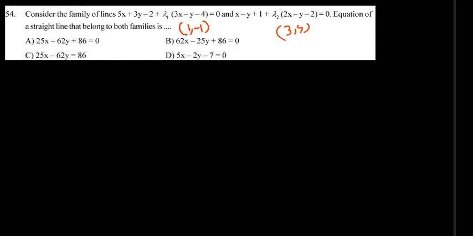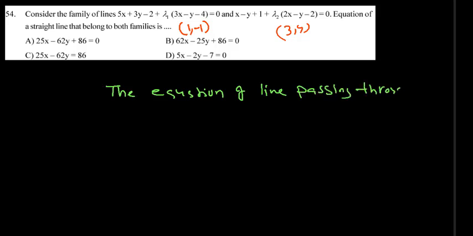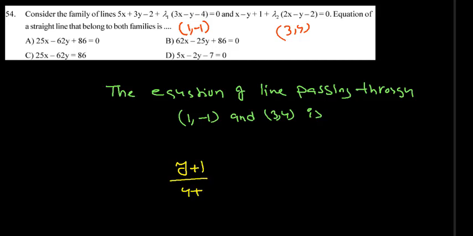What is the equation of the line passing through 1 comma minus 1 and 3 comma 4? It is y minus y1 by y2 minus y1 equal to x minus x1 by x2 minus x1.